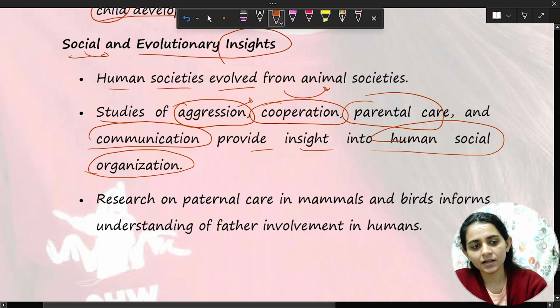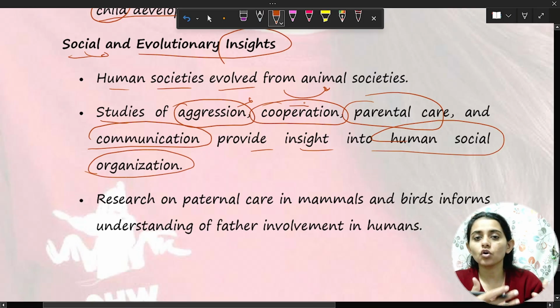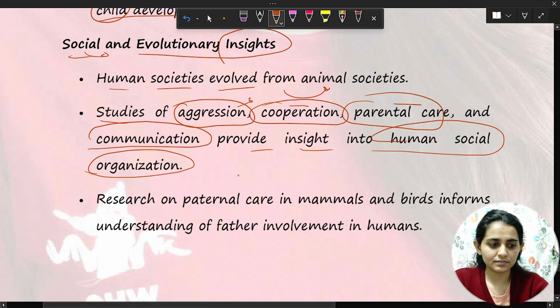How we get angry or show aggression, how we cooperate with each other, how we do parental care: all of this is learned from the study of animals.